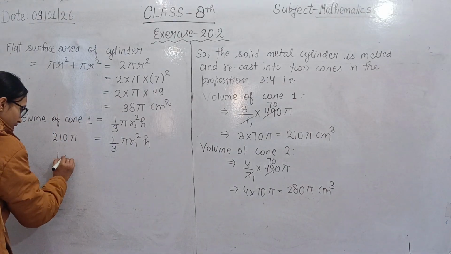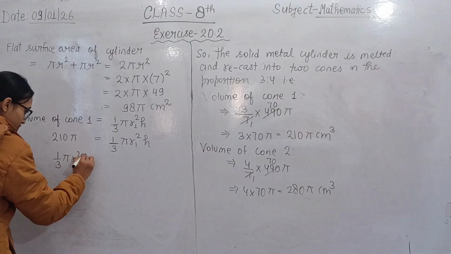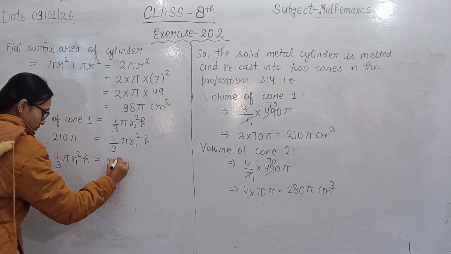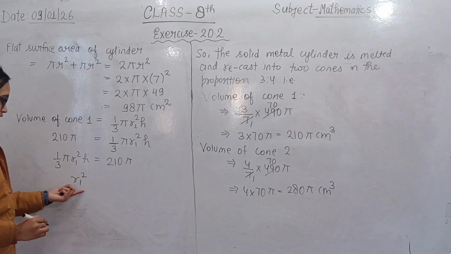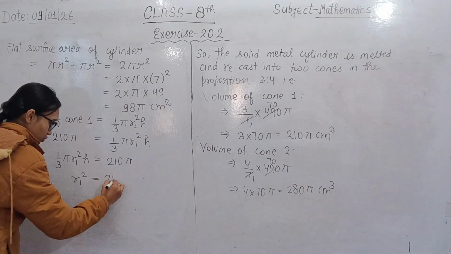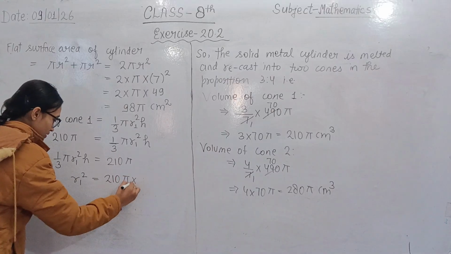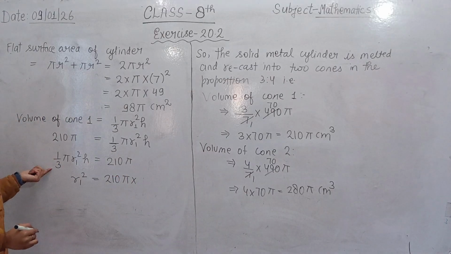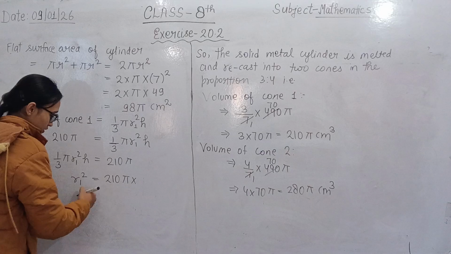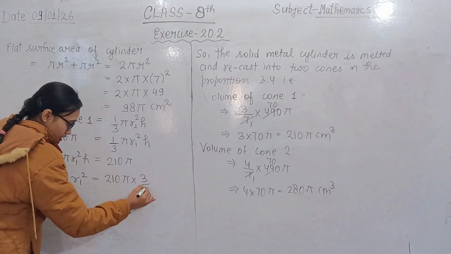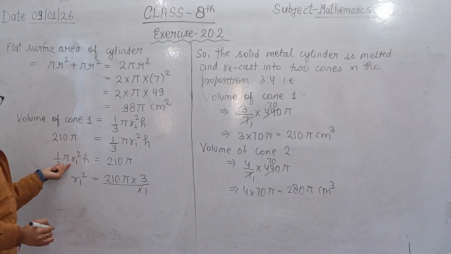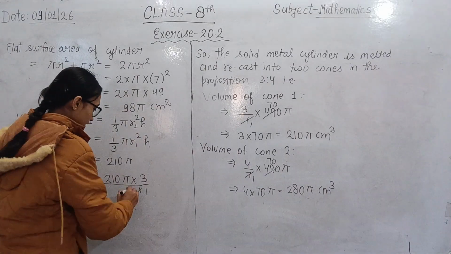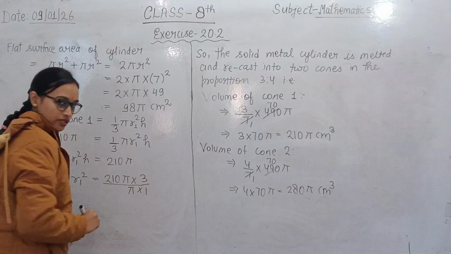We can write it as this. So we have to calculate the value of r1 square. It will be equal to 210 pi. Here 1 upon 3 is in multiplication. When we will shift it to the other side, it will become 3 upon 1. Pi is in multiplication. When we will shift it to the other side, it will be in division.